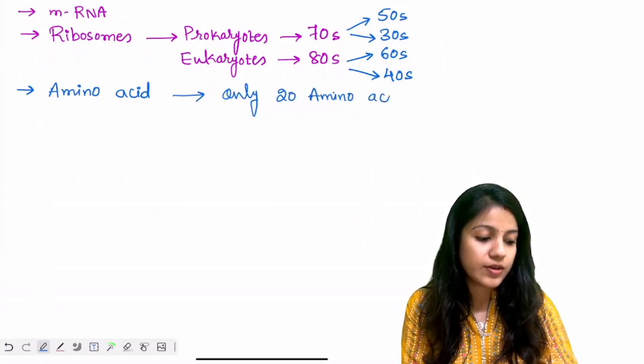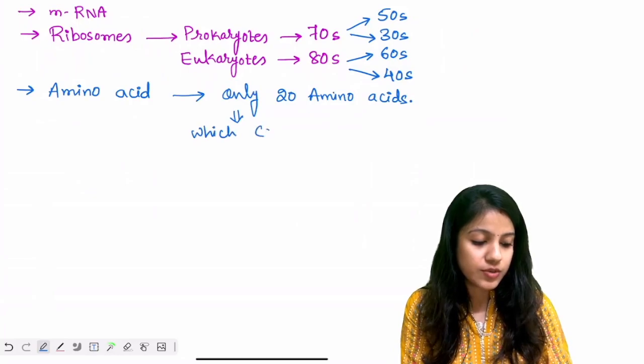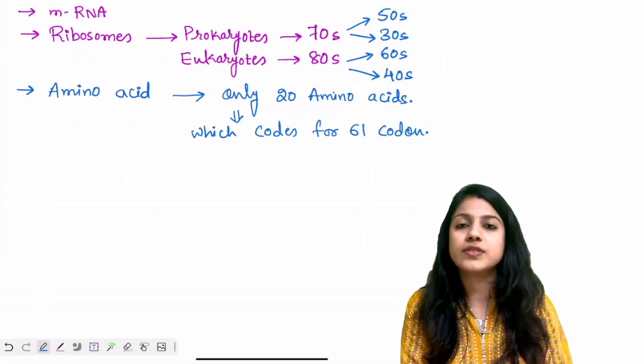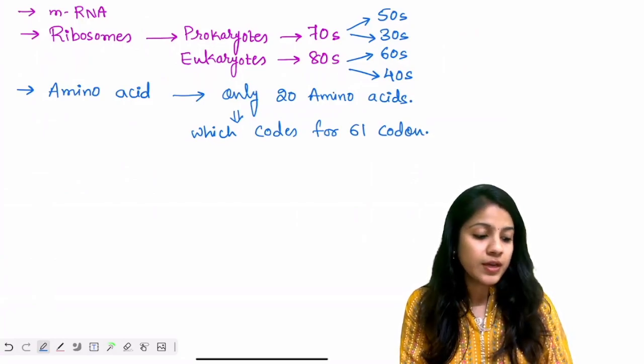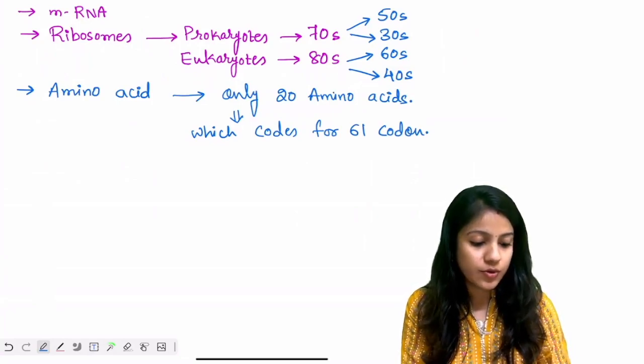Correct? We have only 20 amino acids, which code for how many codons? Which codes for 61 codons. Total 64 codons are there. Out of 64, 3 are stop codon. That means total 61 codons are there. So 20 amino acids are there to code for 61 codons.